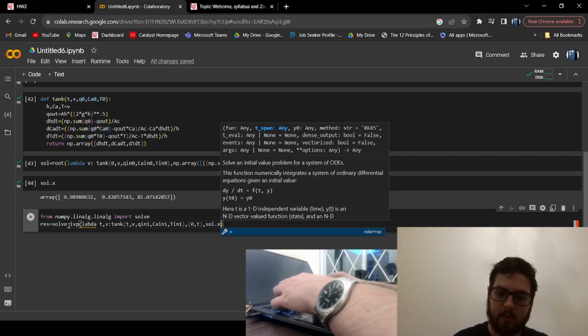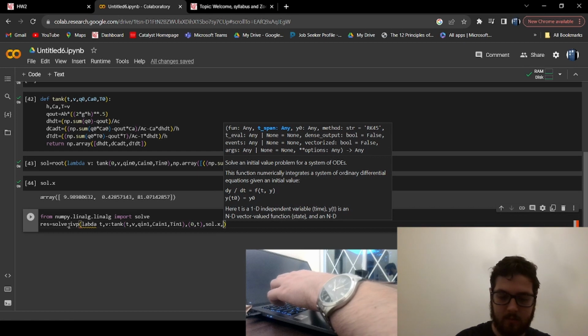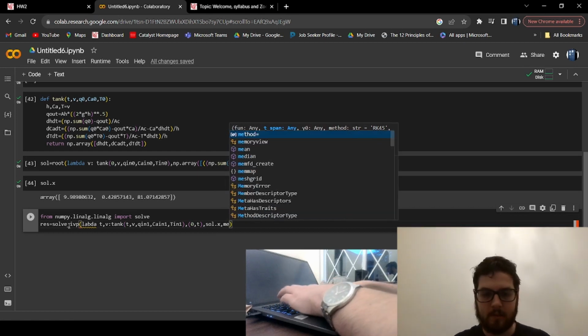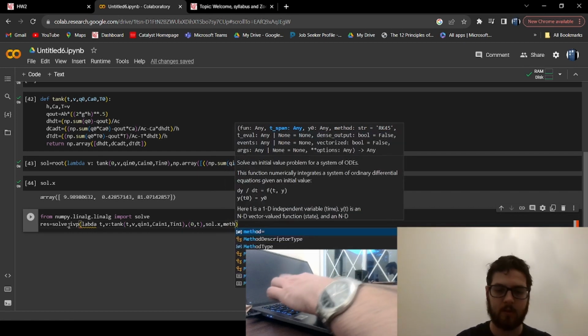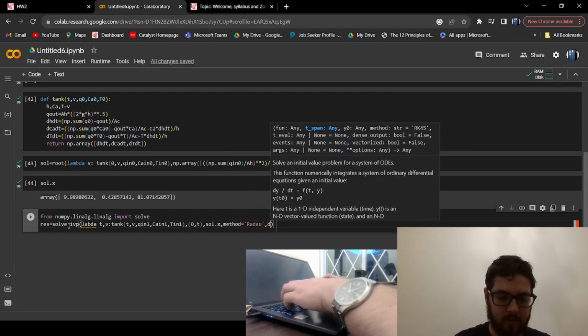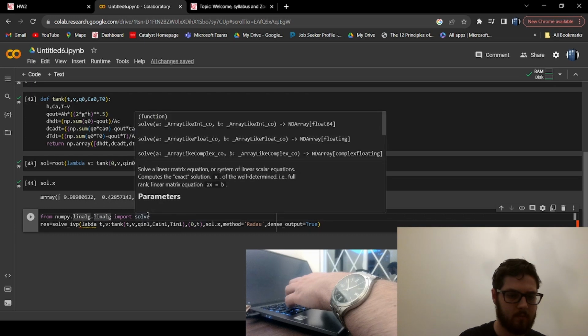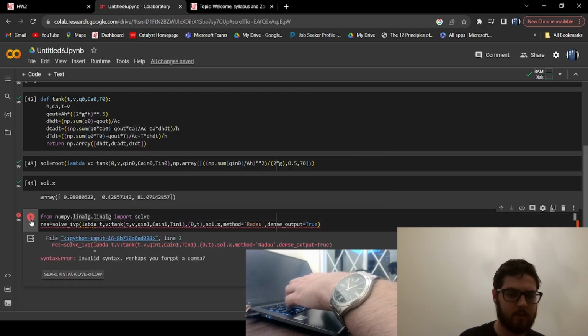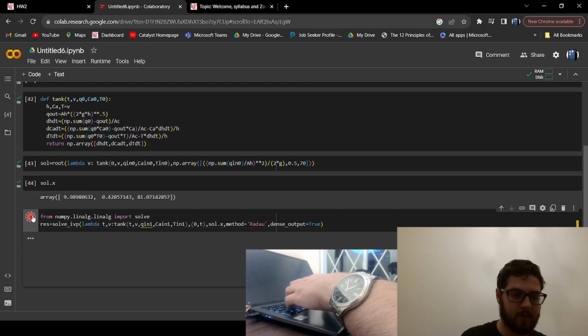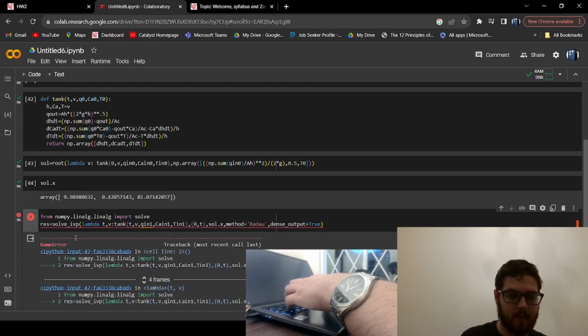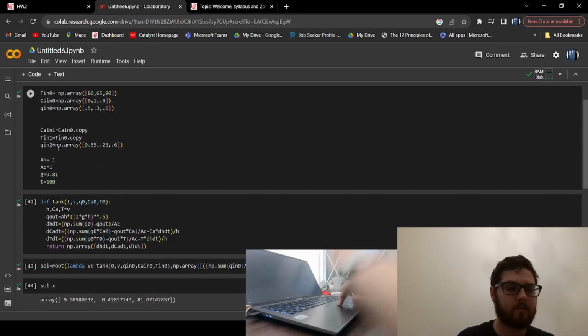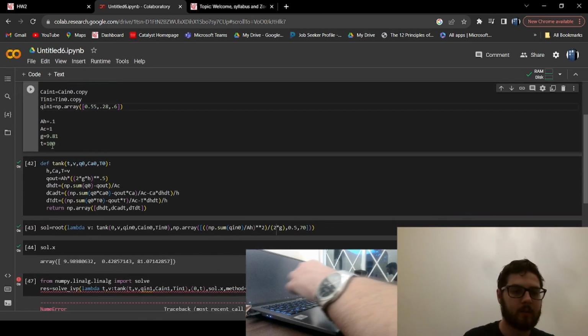And then we want the method to be RK45. That's not really necessary, but I'm doing it just because. And we want the dense output. Where did that come from? I'm not entirely sure where that came from. There we go. Now it's a lambda function. And it still doesn't like it. Oh, hit the wrong thing.